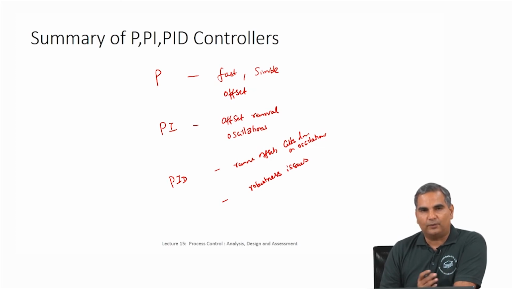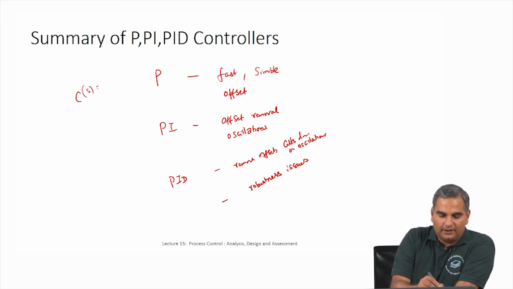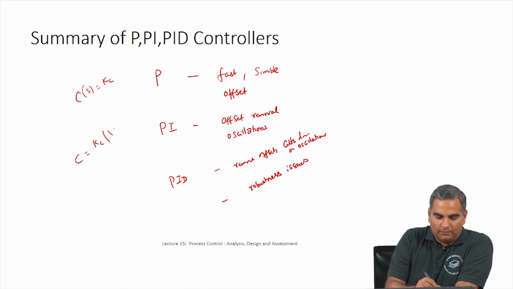The transfer function for y to set point is GpC divided by 1 plus GpC. The transfer function for the disturbance is Gd divided by 1 plus GpC. And once you have Gp and Gd, you can choose any controller form. If you choose a P controller, then C(s) is simply Kc. If you choose PI, this is Kc(1 + 1/(tau_I s)), and if you choose PID, this is Kc(1 + 1/(tau_I s) + tau_D s).